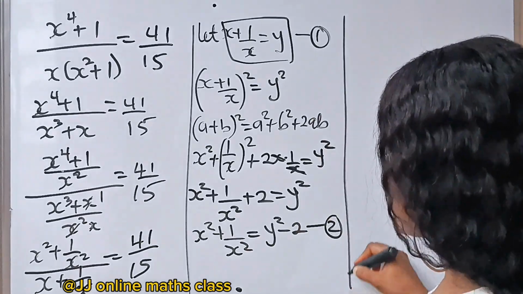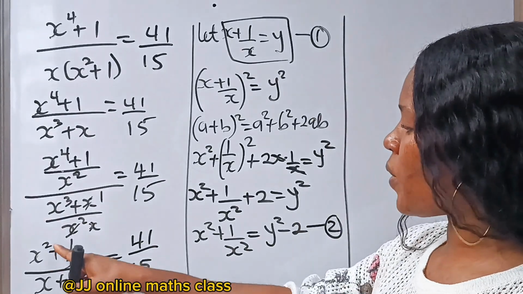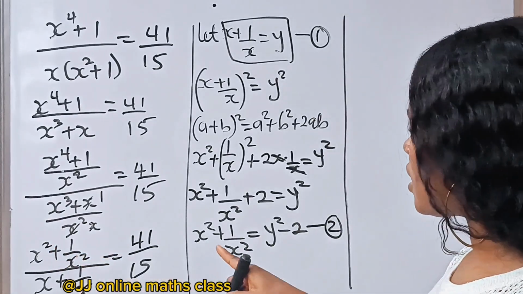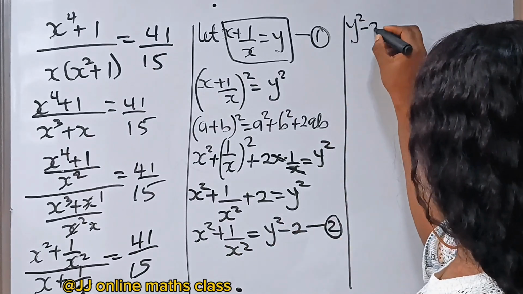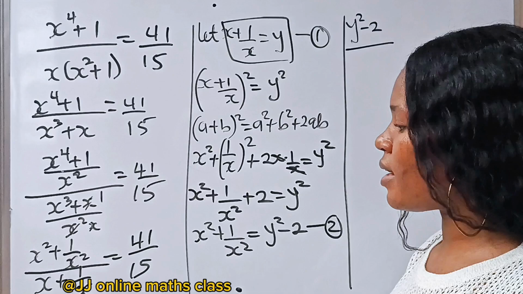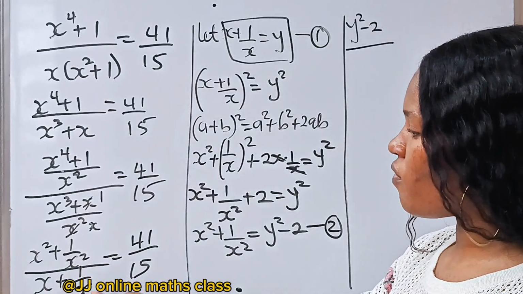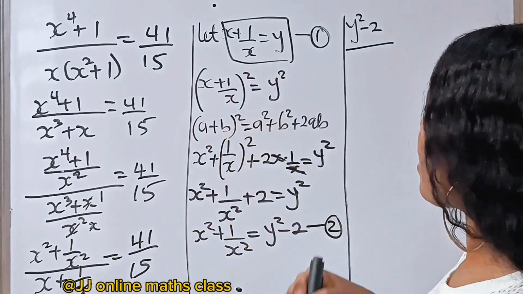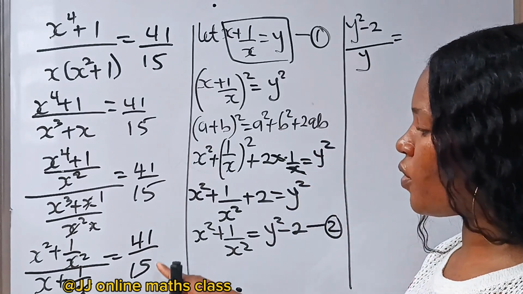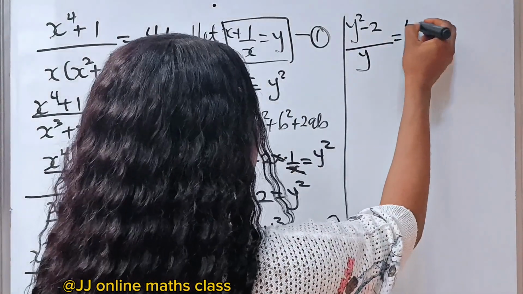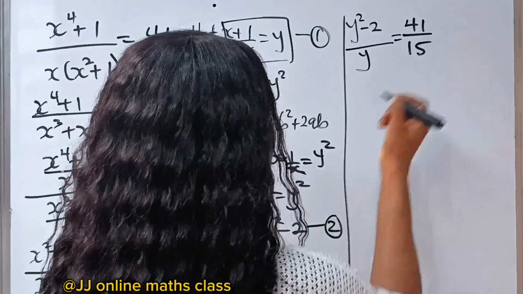The numerator x squared plus 1 over x squared is replaced with y squared minus 2, divided by x plus 1 over x, which is y, is equal to 41 over 15.